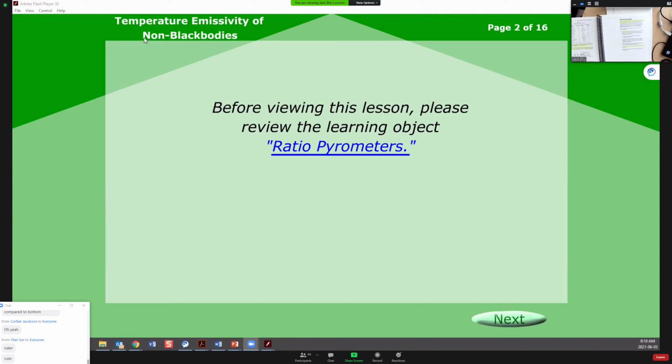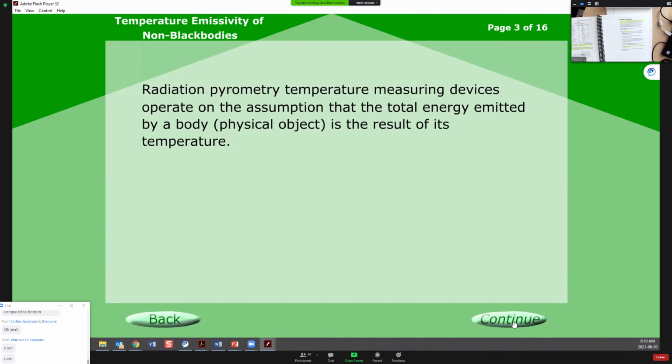so, temperature emissivity of a non-black body. We're going to show you a little bit here. Review the ratio parameter. Radiation pyrometric temperature measurement devices operate on the assumption that the total energy emitted by a body is the result of its temperature.